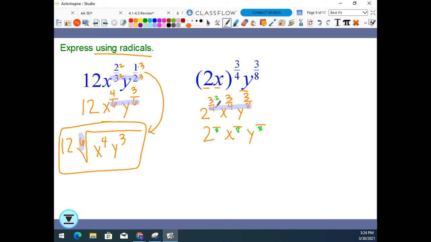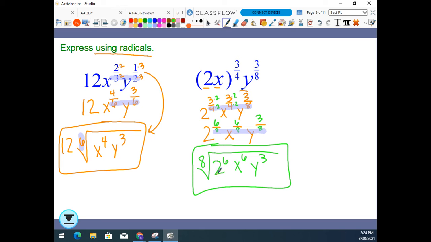So I need to multiply this by 2 over 2. So I get 6 over 8. And the 3 over 8 is already over 8, so I'm just going to bring down the 3. Now I've got my common denominator of 8. Then I'll bring my 2 to the 6th down, x to the 6th, y to the 3rd. You can replace 2 to the 6th with 64. That would be a little bit more simple, but that's okay for me.